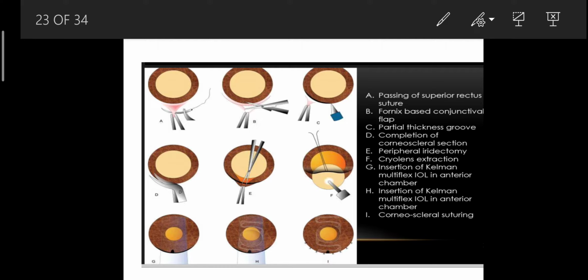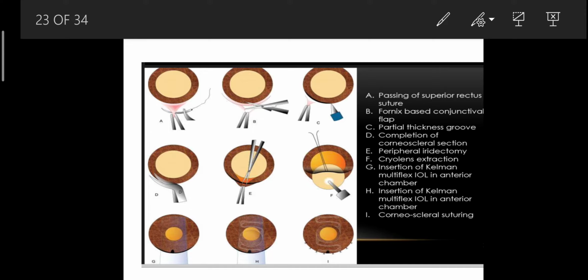Followed by this, a partial thickness groove is made through 2/3 depth of the anterior limbal area from 9:30 to 2:30, with the help of a razor blade knife. This is one of the differences between ICCE and SICS.